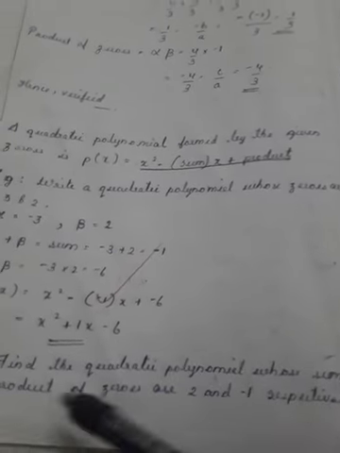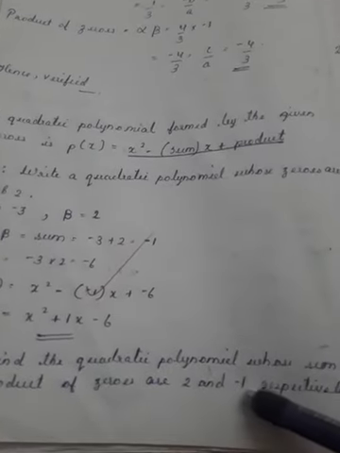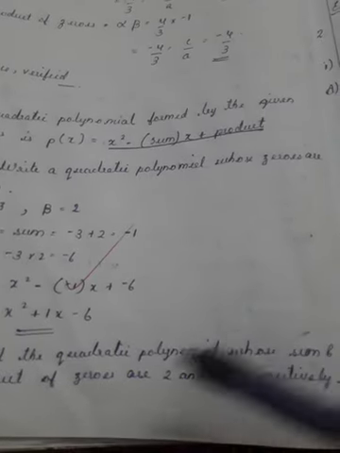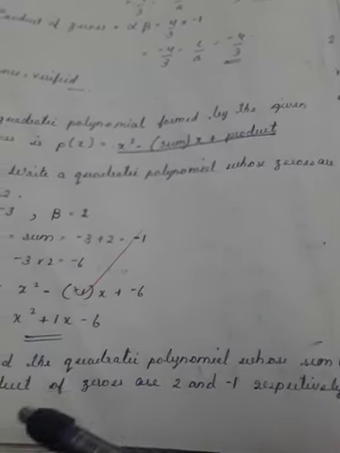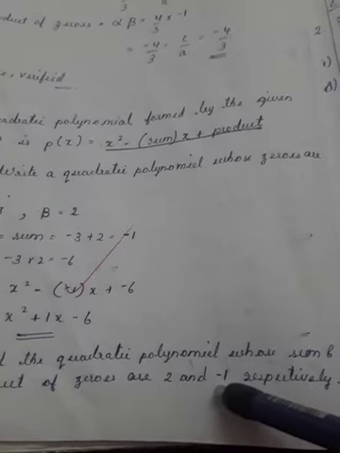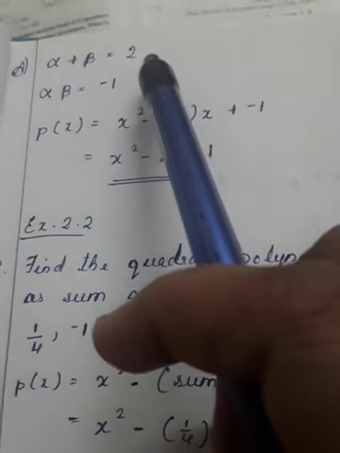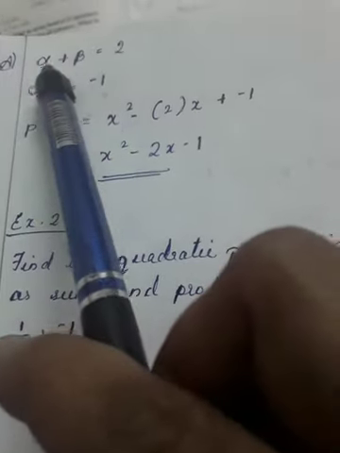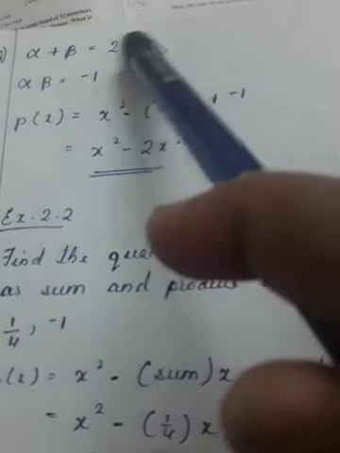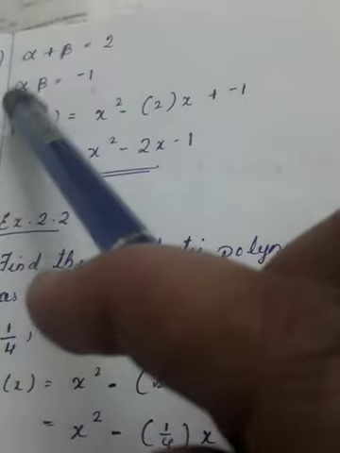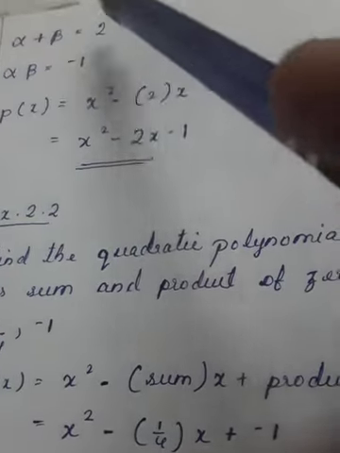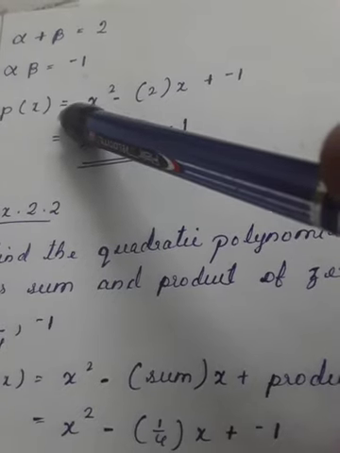That means in the question it is given that the sum of the zeros is 2 and the product of the zeros is negative 1. So here it is given directly: sum of zeros alpha plus beta equal to 2 and product alpha beta equal to negative 1. So directly we can substitute the values here.